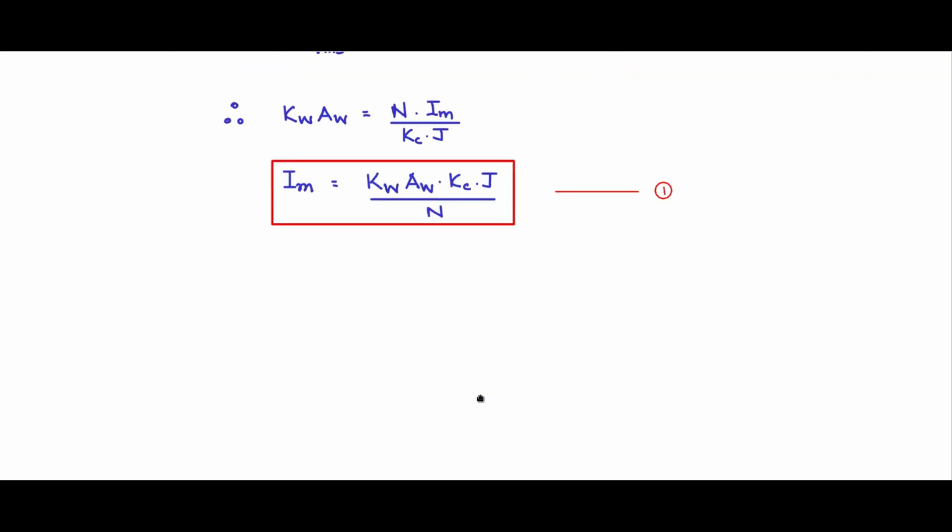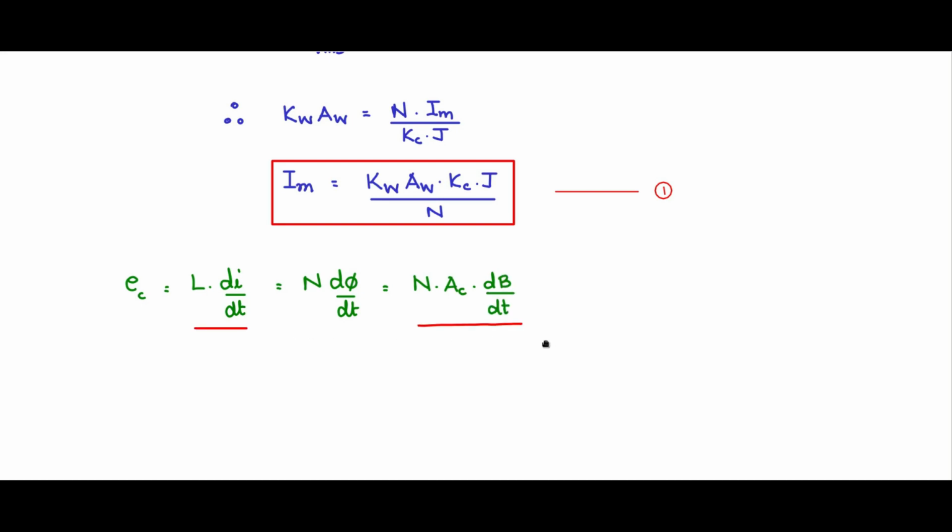Next, we go back to Faraday's law. The voltage induced across the coil is equal to L di by dt, which is also equal to N d phi by dt. Now phi can be written as Ac into B. Ac is a constant, so N Ac dB by dt.